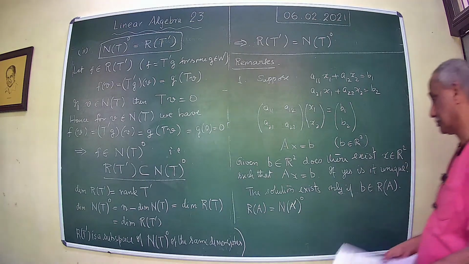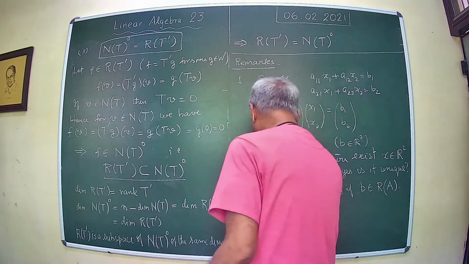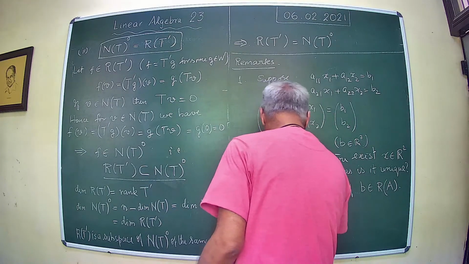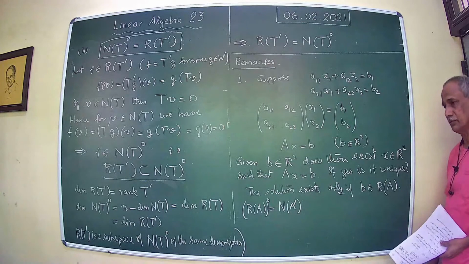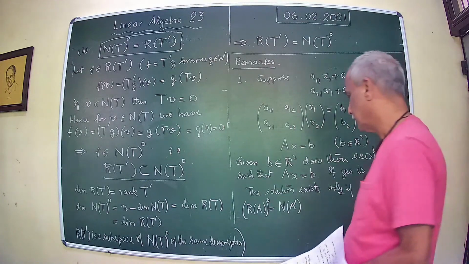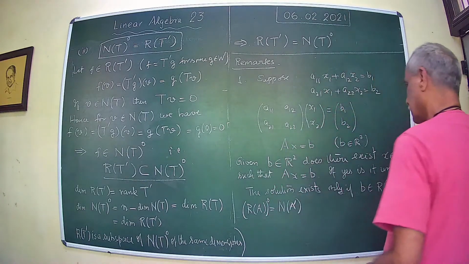Range of A annihilated is equal to null space of A prime. This is the connection that we have. Okay. Right?